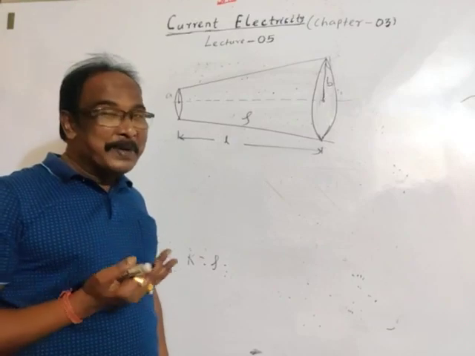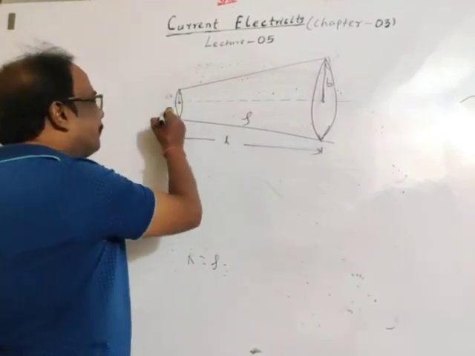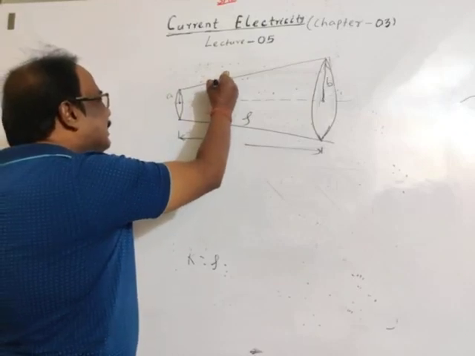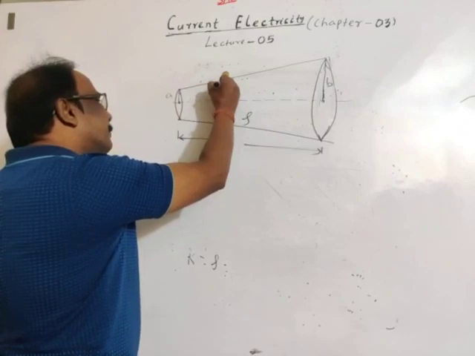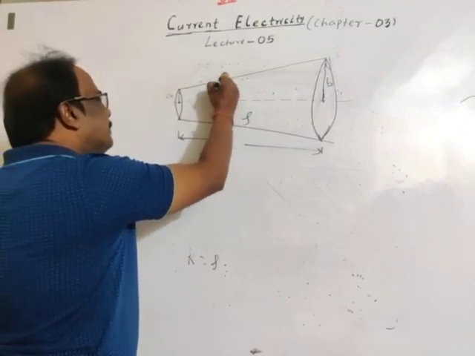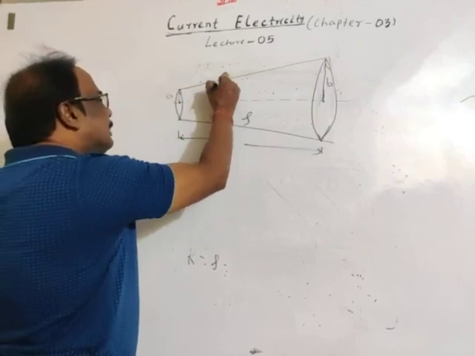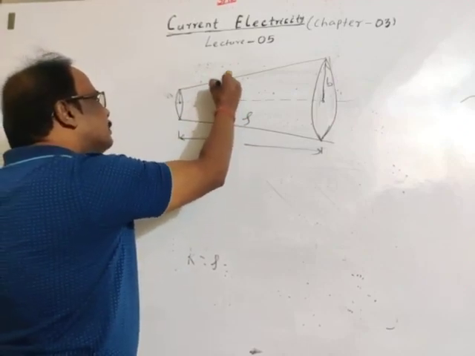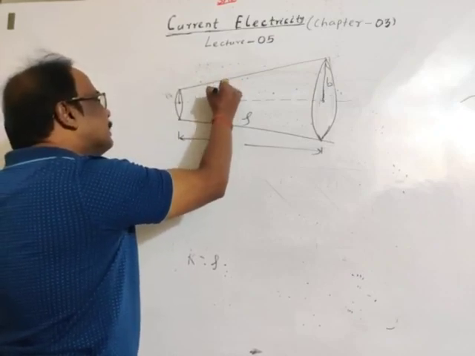A beautiful problem. Let's have it. Let's consider an elemental section. This is also a cross-sectional area. Let's consider an elemental section, a very thin section.